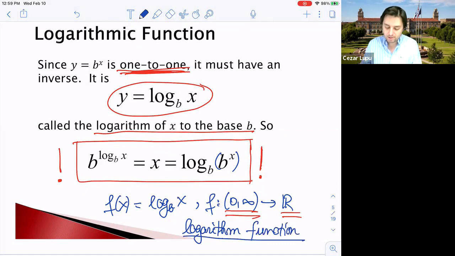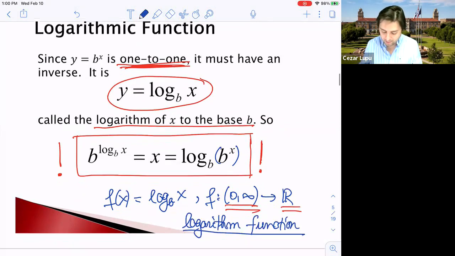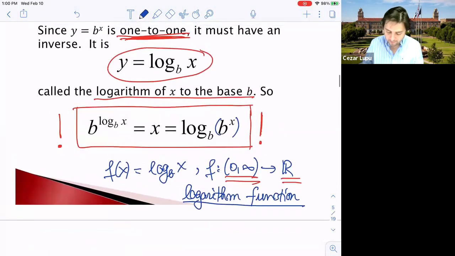And if you want, let me write somewhere here that f inverse of x will be the exponential function. So it will be b to the x, right?